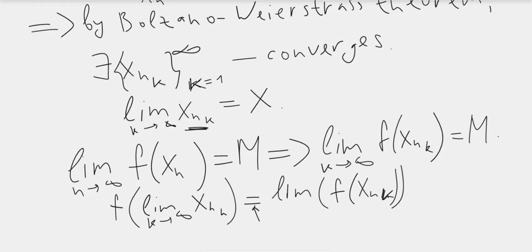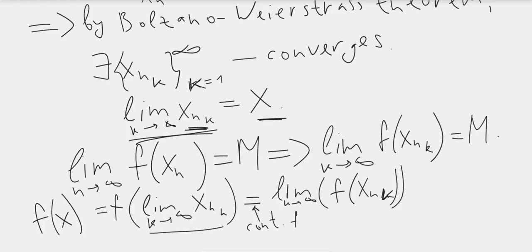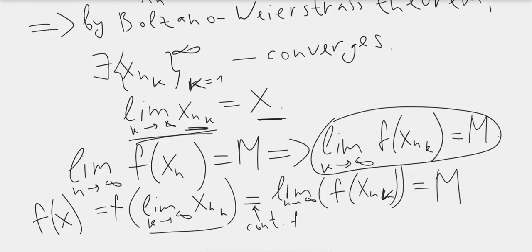This is by continuity of f. Now the left-hand side is equal to f of x, since this limit is equal to x, and the right-hand side limit is equal to m.